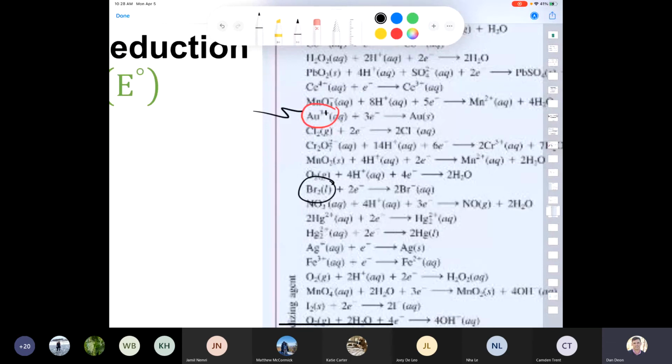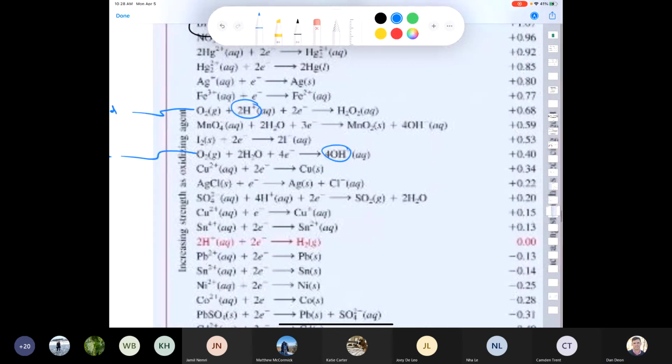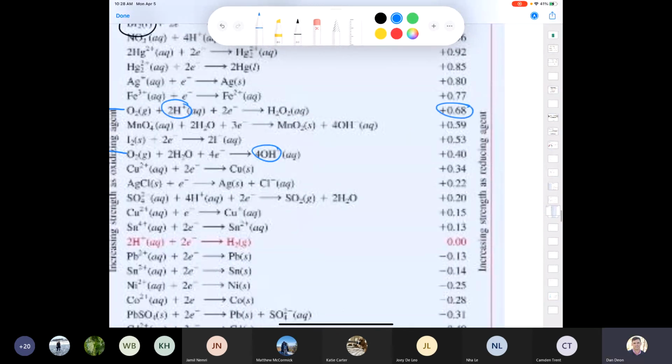It's oxygen in acid media versus oxygen in basic media. If you have oxygen, this is in acid. How do I know that? H plus. This is oxygen in basic media. How do I know? Hydroxide. This one's plus 0.68.